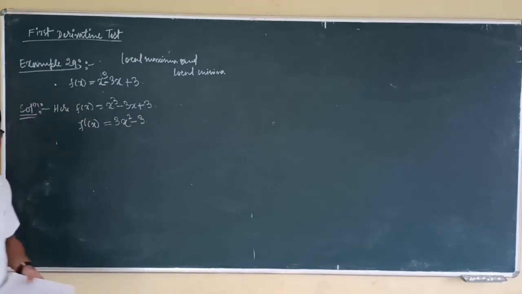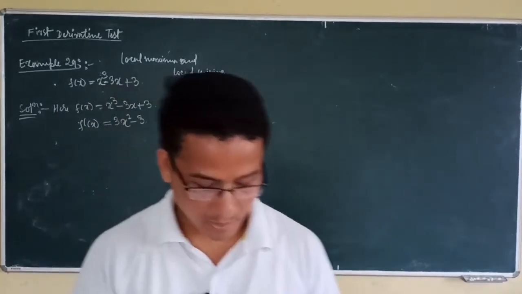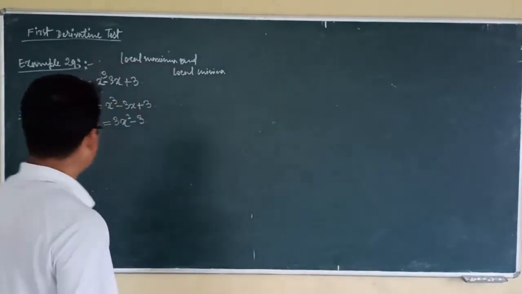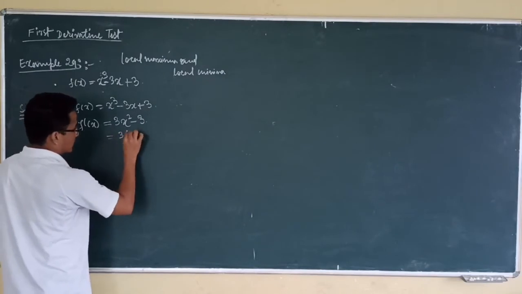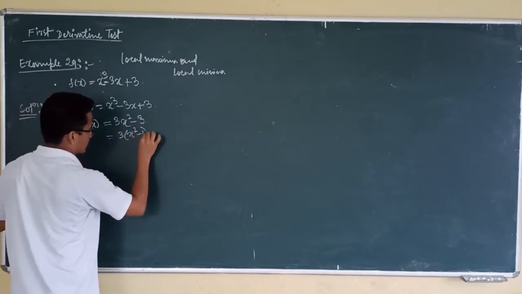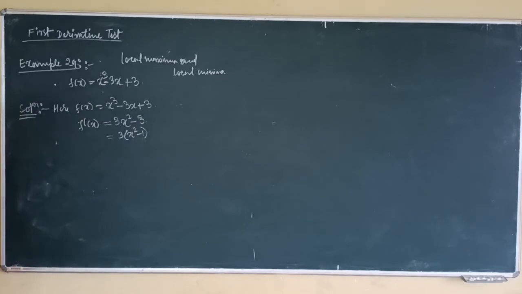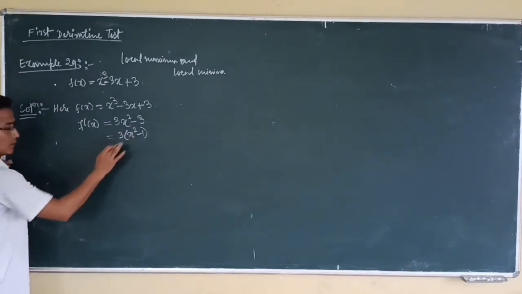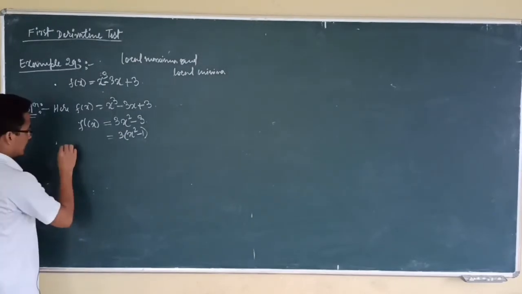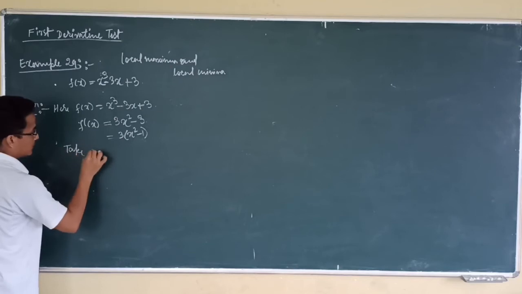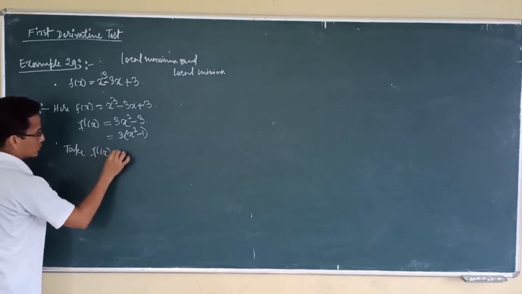If you take 3 common, it is 3 times x square minus 1. Now we are going to find the critical points. How to find the critical points? Take f dash x equal to 0.